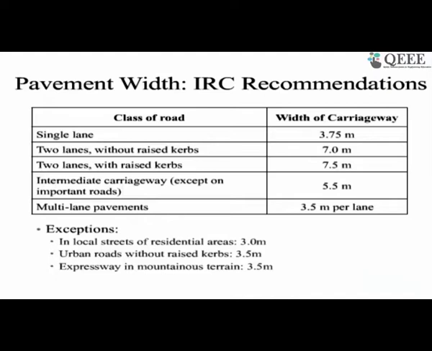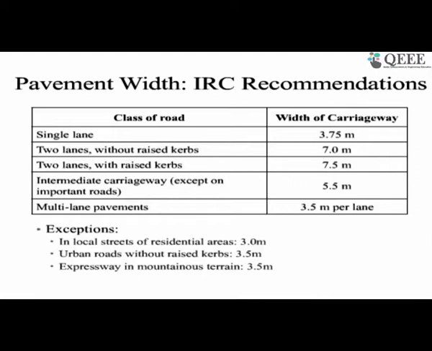So now let's look into the pavement width, what IRC recommends. IRC recommends 3.75 meter for a single lane, as I told you. Two lanes without raised curb is 7 meters. If there is a raised curb, which means the vehicle cannot go on the left or right, then it is 7.5 meter, which is a multiplication of 3.75 meter.